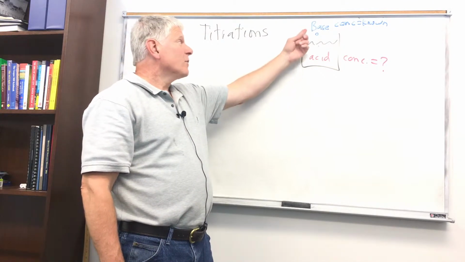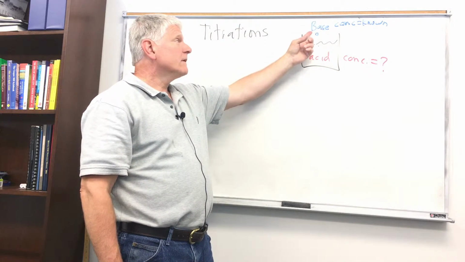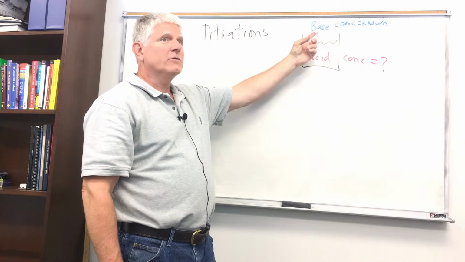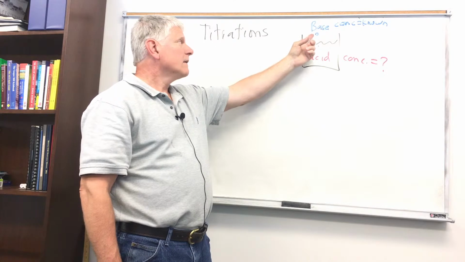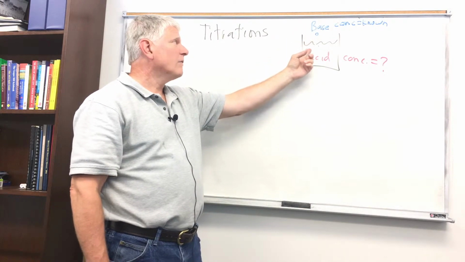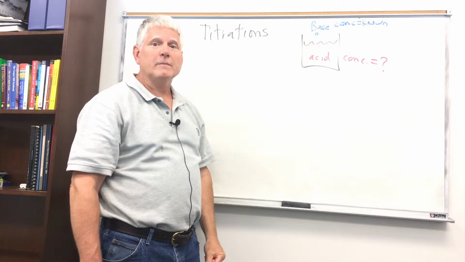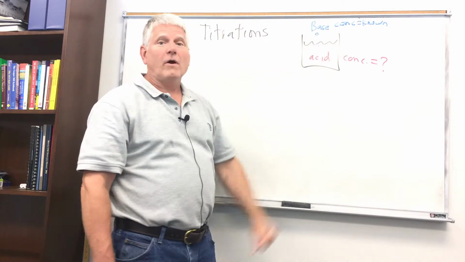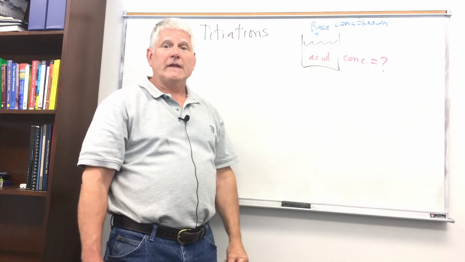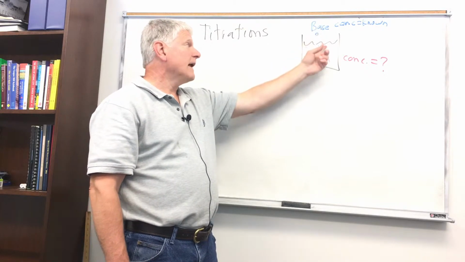So we have a piece of equipment that will dispense our base solution one drop at a time, and we can measure the exact volume of base that we put into the solution, and knowing the volume and its concentration, we know exactly how many moles of base we've added to the acid.